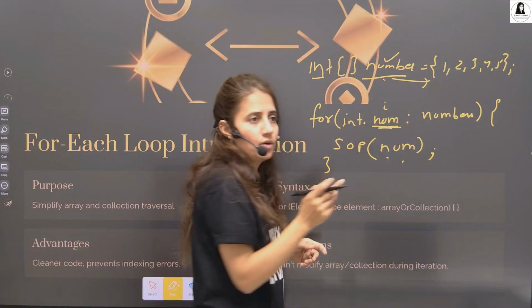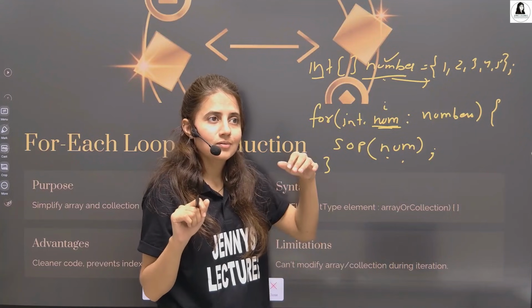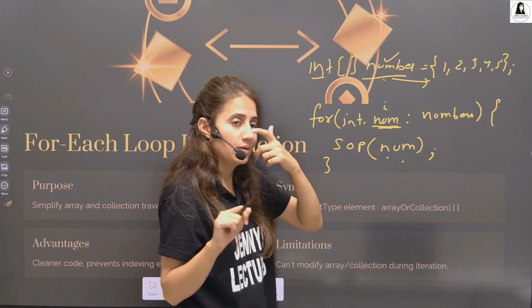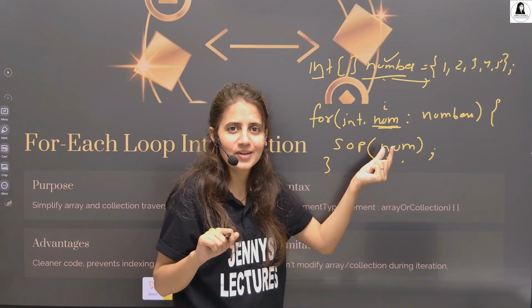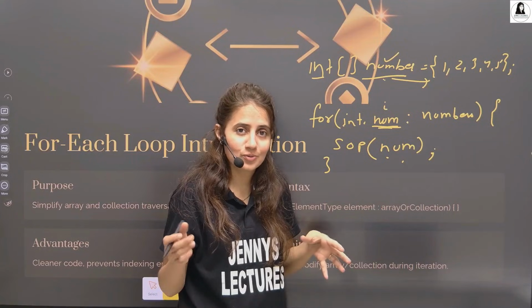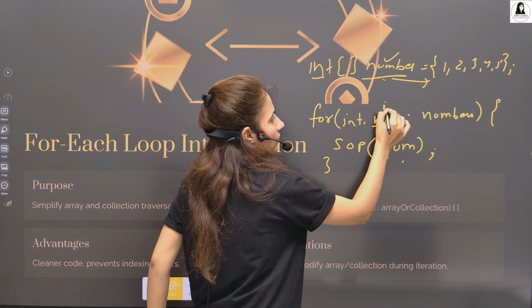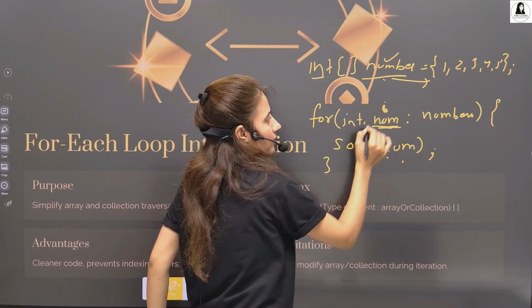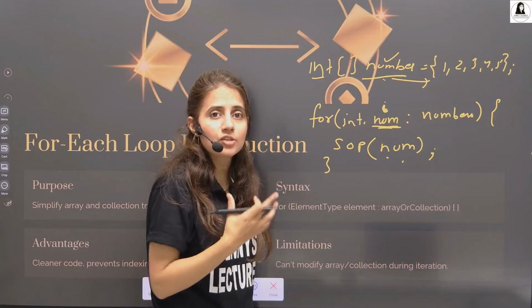It's not that you have to write num and you cannot take I. No. It's not like the traditional for has a copyright on using this I variable. You can use the I variable with the for each loop, the enhanced loop, also. But here this I is not a control variable. It does not have the index of that array.